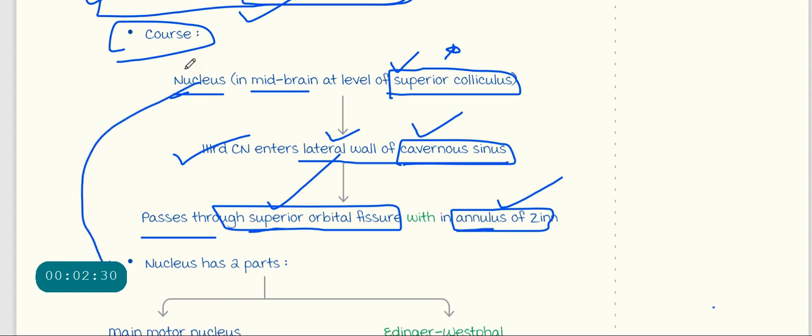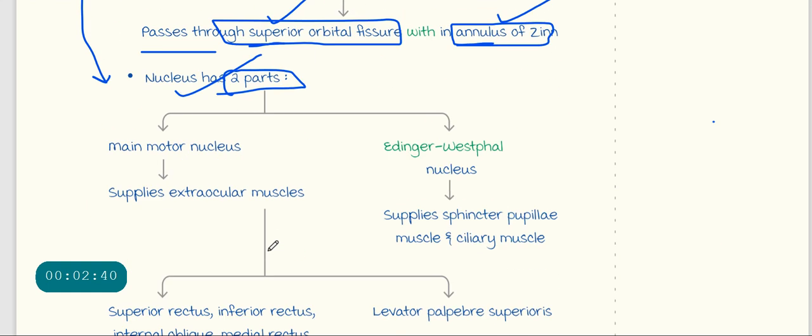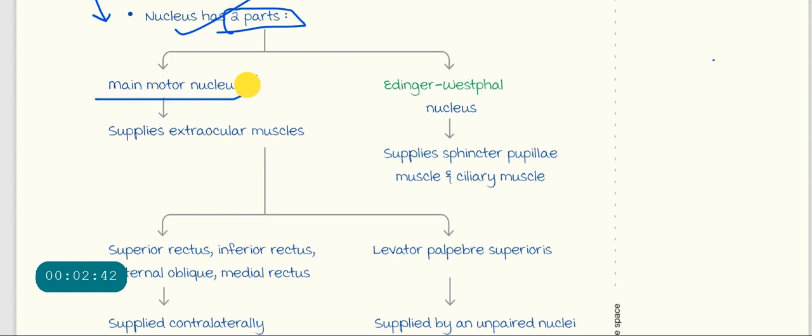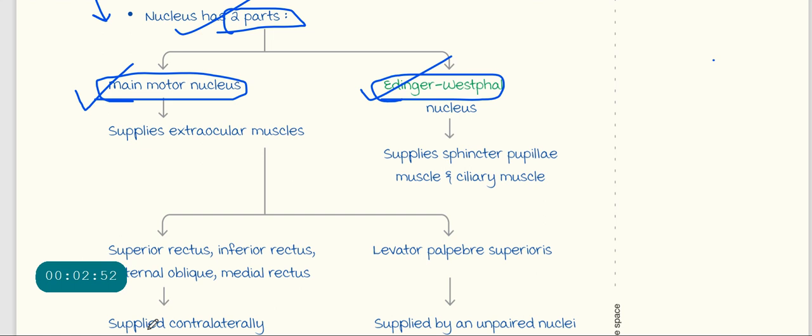These nuclei we'll talk about, which are present in the midbrain at the level of superior colliculus. The nucleus has two parts, and these are the main motor nucleus and the Edinger-Westphal nucleus. Okay, now first we'll discuss the main motor nucleus.